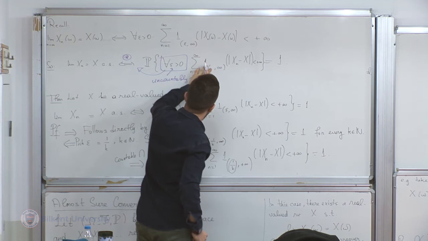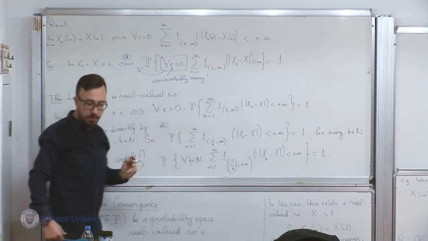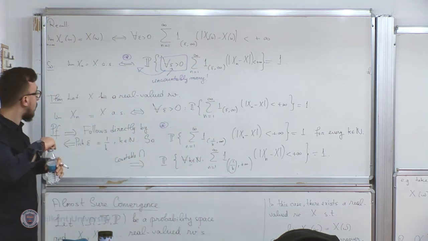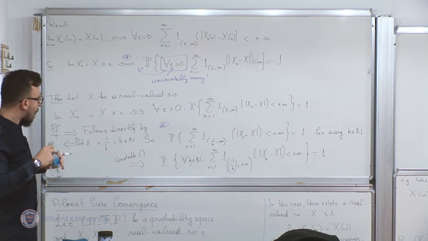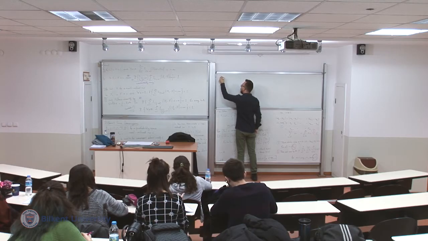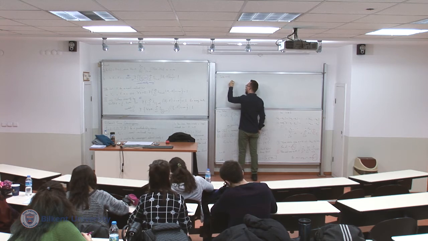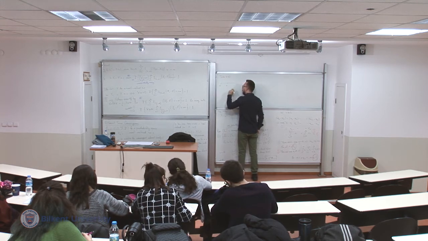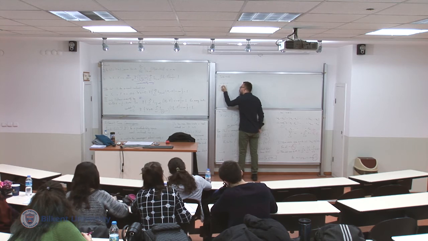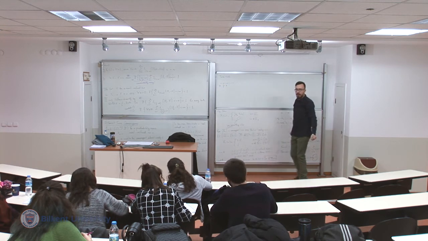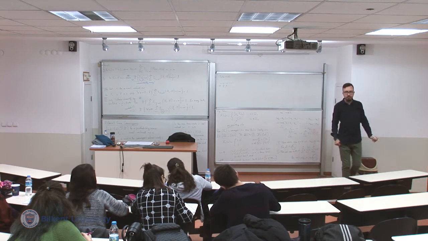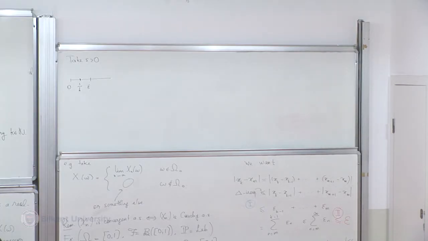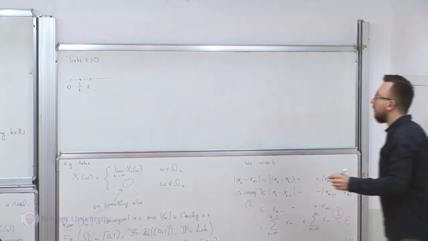Take some epsilon. There is always some 1 over k below that, right? Because 1 over k converges to 0, so you can always find something smaller than epsilon.